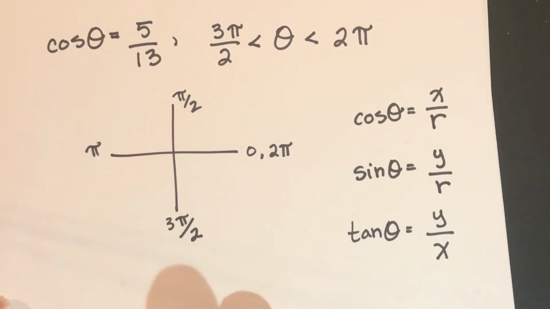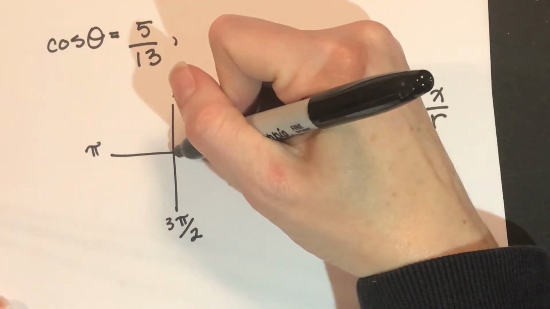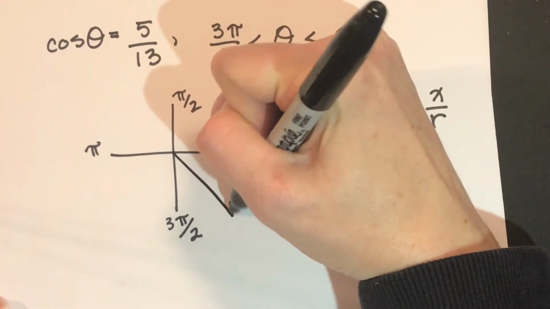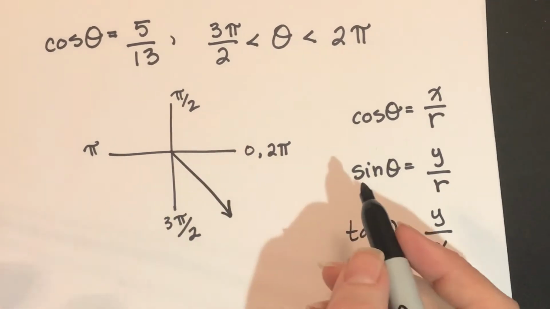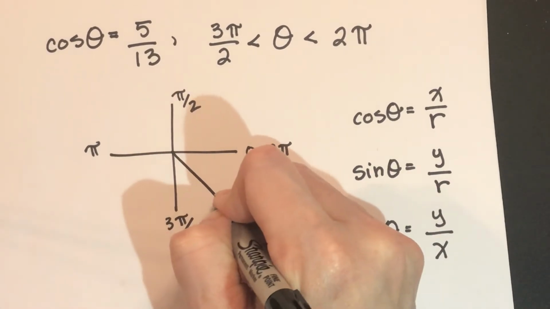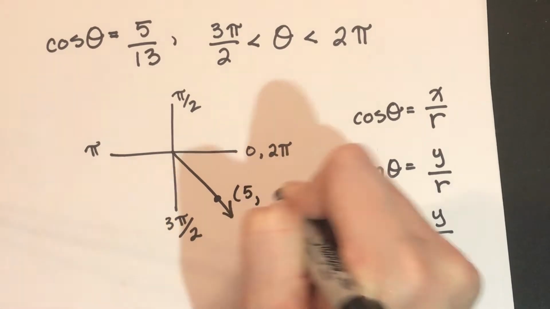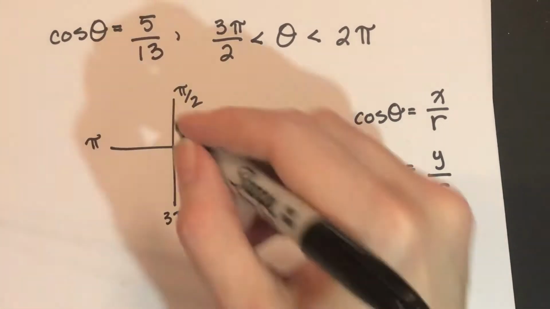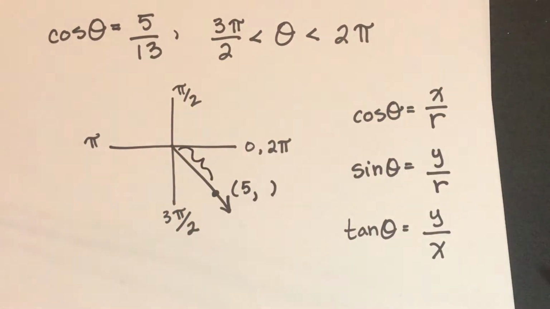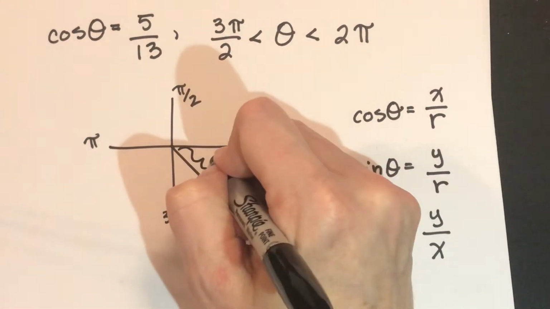We don't know what y equals, and r equals 13. So we're somewhere over here. Our x value is 5, and our radius, this measurement here, is 13.